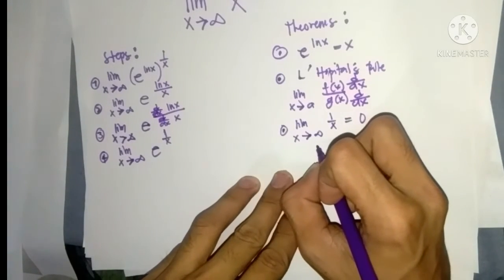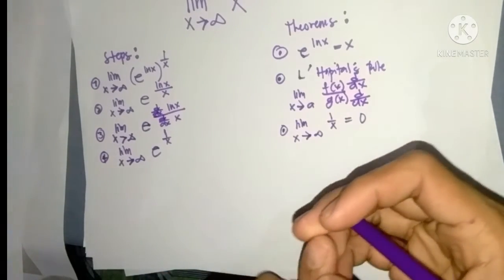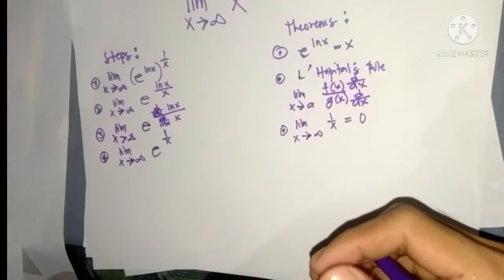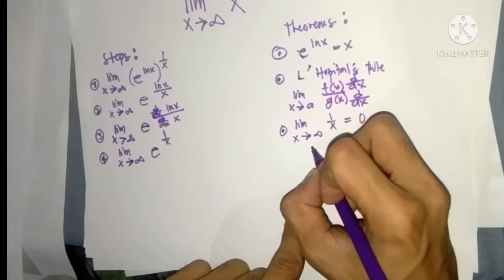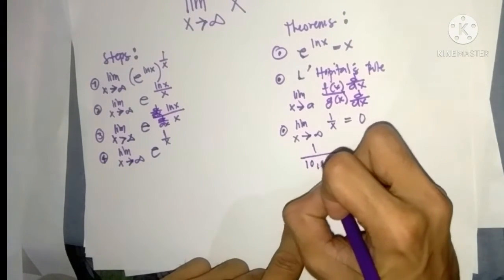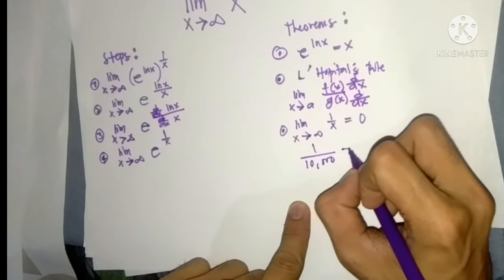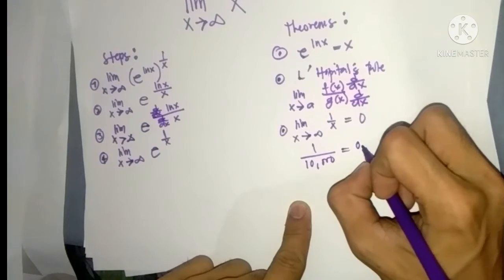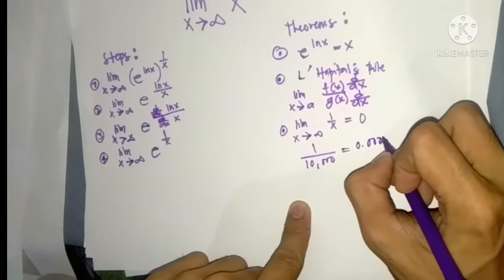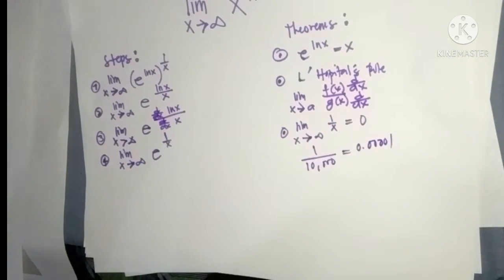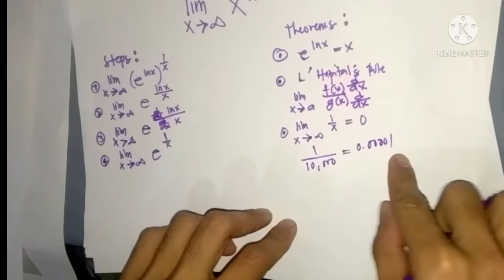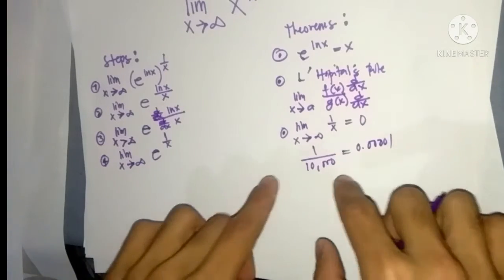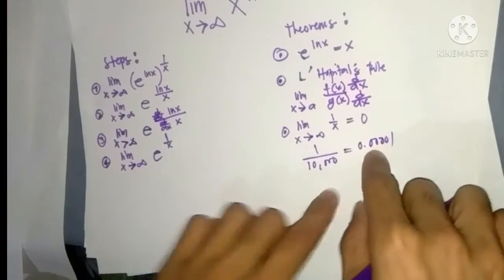Because if we choose a value that is bigger and bigger than the numerator 1, like for example 1 over 10,000, ang value niya is 0.0001. So, kung mapapansin nyo, nagre-reach siya sa 0. Or kahit million or billion pang i-substitute nyo, magre-reach po siya sa 0.